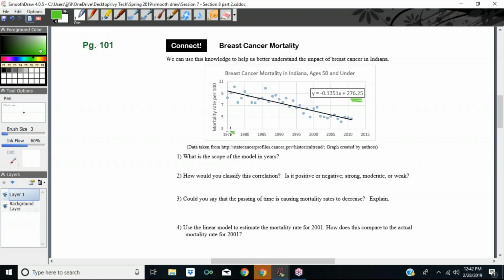Now look at this. This trend line has an x value of 1975 at that location. So that technically is not the Y-intercept. That would be 276.25 if it were, and it's not. It's basically 9.